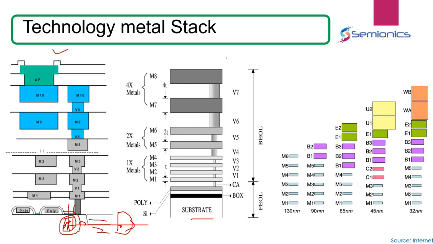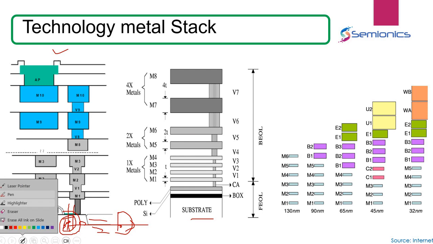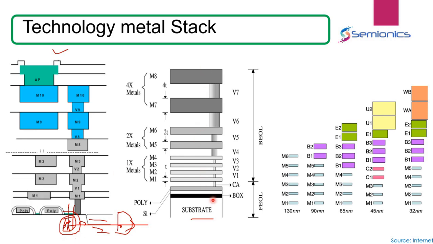But if you see these metal stacks over here, M1, M2, M3, M4 are of the same width, same thickness. They generally define it as 1x, the very first metals. They define it as a standard reference metal width, 1x.